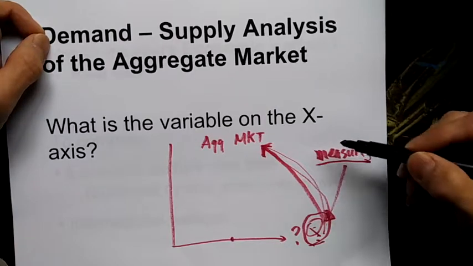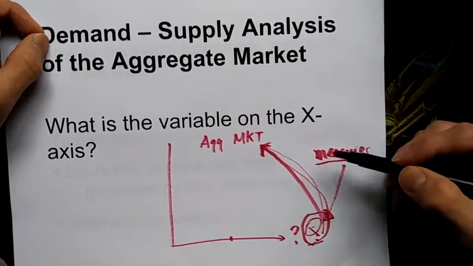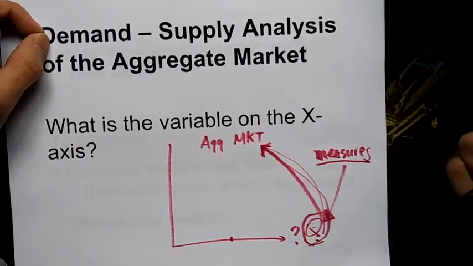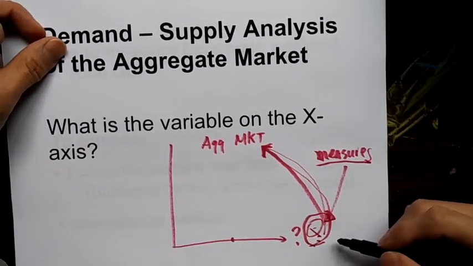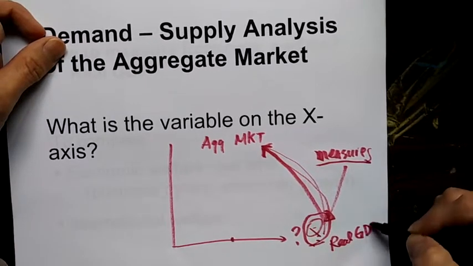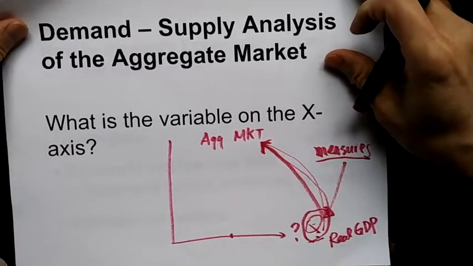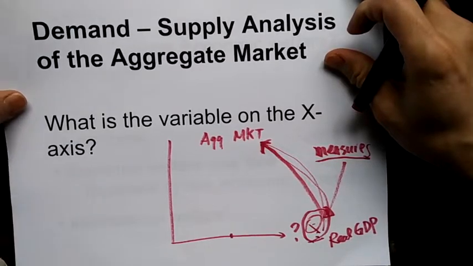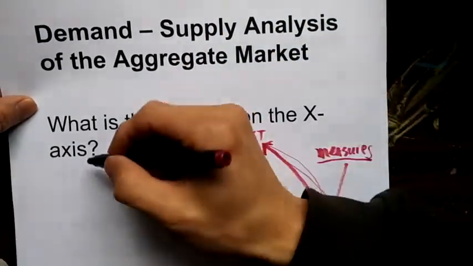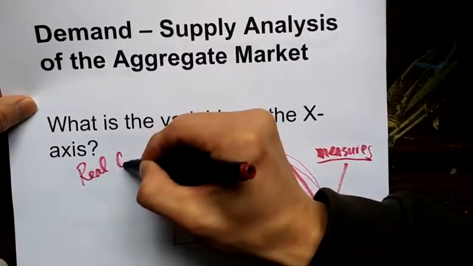In Chapter 4, we are going to talk about the most popular measure that is used in the economy, which is called the real GDP. So what is the variable on the x-axis? The answer is the real GDP.